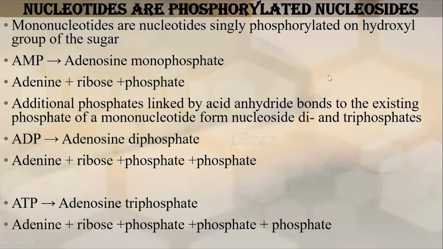Nucleotides are phosphate-containing groups, and we have heard about ATP, ADP, and AMP. ATP is basically energy production through phosphorylation.